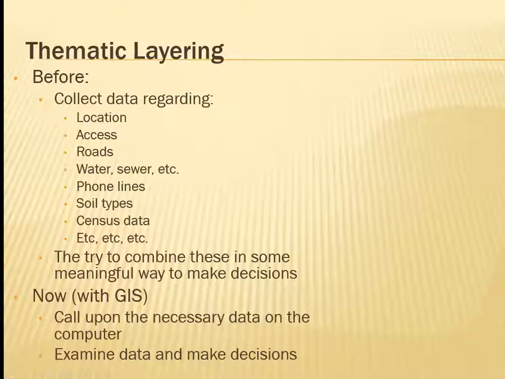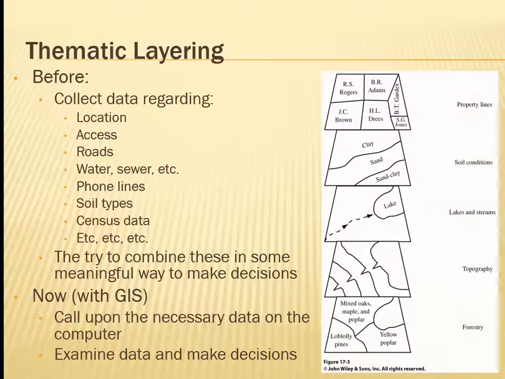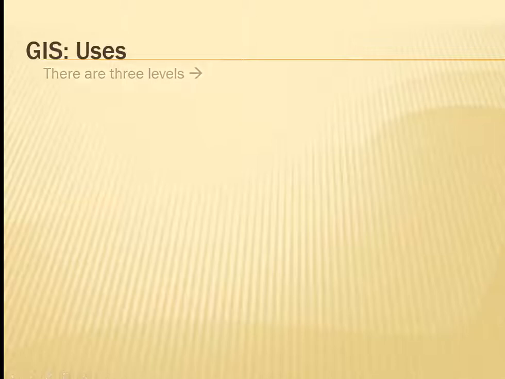So now with GIS, you can use a very powerful computer to combine this data and give you this kind of hybrid map that shows all the data layered on top of each other in a way that means something to you. So it's kind of like something like this. This is obviously just an example, but you would have property lines on top of soil conditions, on top of lakes and streams, on top of topography, on top of forestry. And then you could see the whole picture.